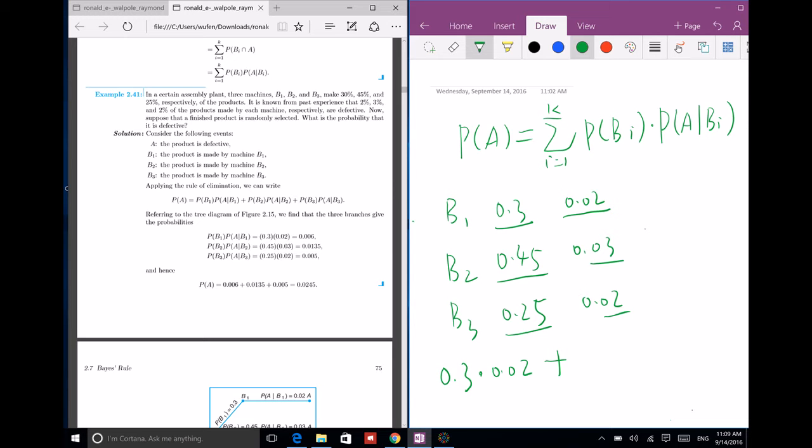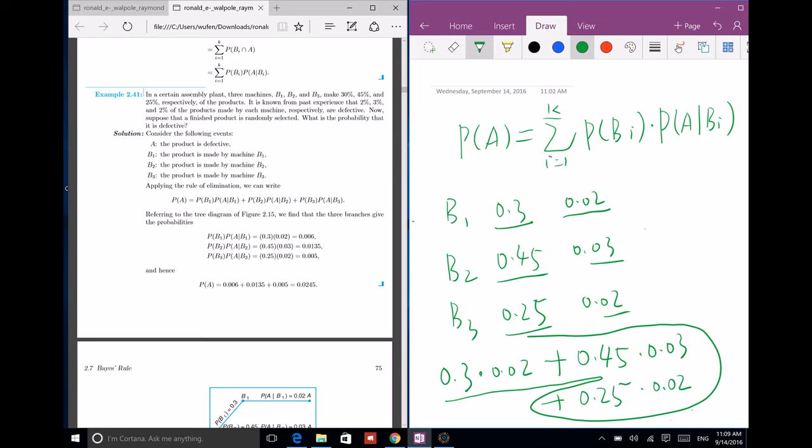Plus the second one, 45% chance from B2, but 3% is defective. Then add the 25% from the B3 plant, and then 0.02 are defective. So you add all this together, and that gives the probability that a randomly selected product is defective. Okay, so that's the meaning of it, and that's how you apply this formula.